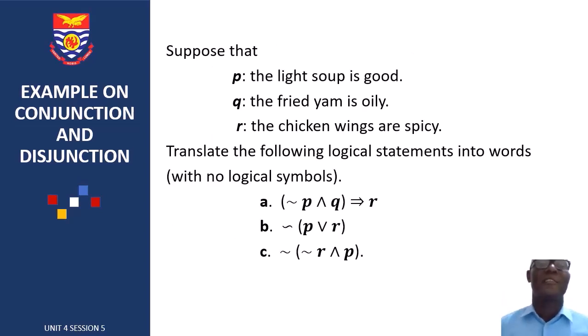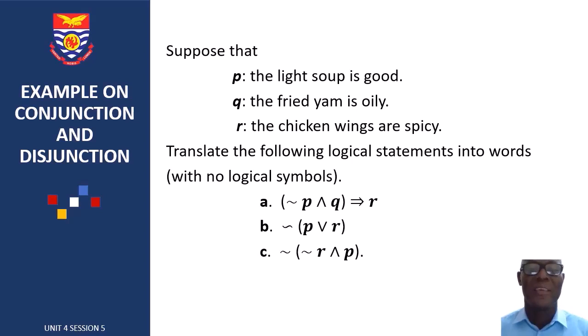Conjunction and disjunction. Suppose that the statement P, the light soup is good. The statement Q, the fried yam is oily. The statement R, the chicken wings are spicy. Translate the following logical statements into words.